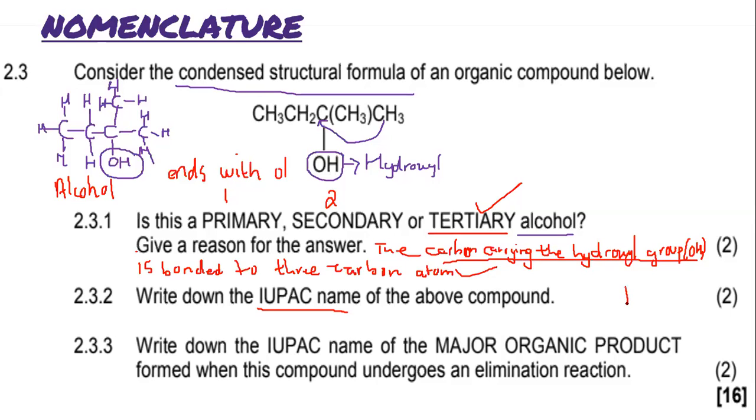And if it is 4, we know that is definitely a but. Are we together? And because it's a but, we add our AN, so it will begin with butane. Then, because it is an alcohol, I see the hydroxyl group there, so I know that it must end with OL.